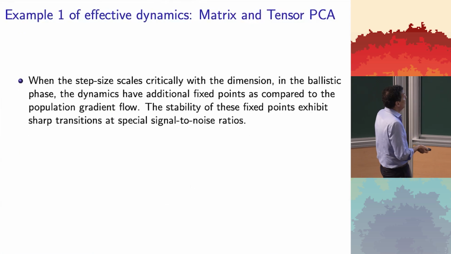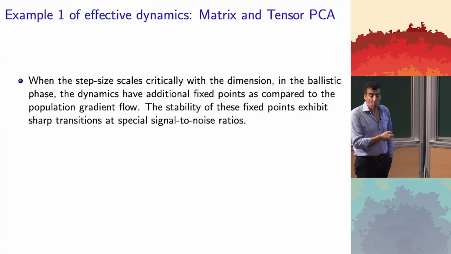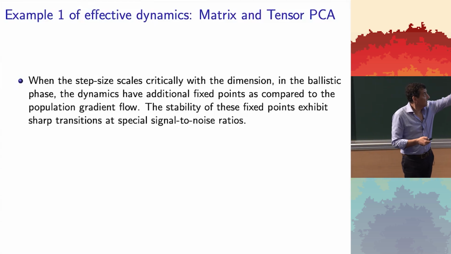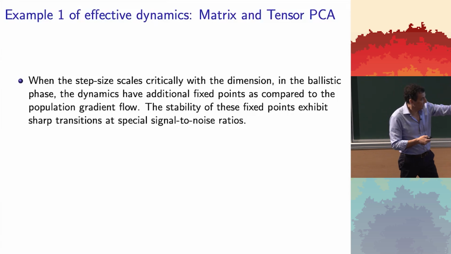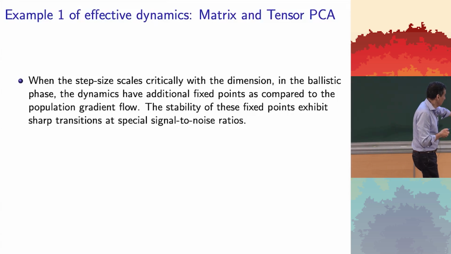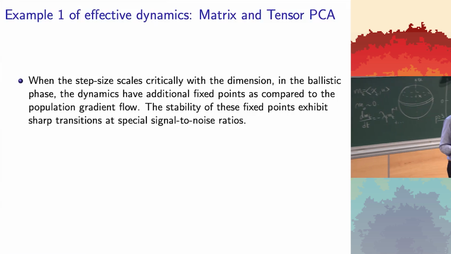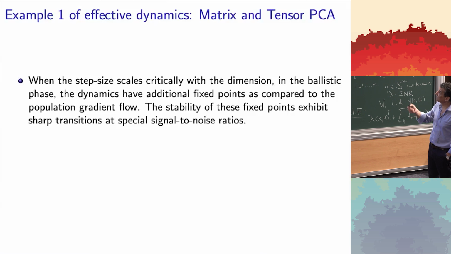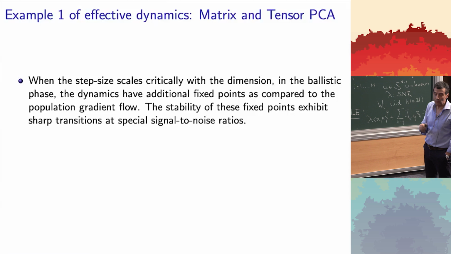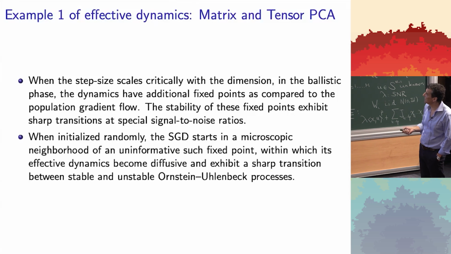Okay, so when the step size of your SGD is below critical, you have convergence to this dynamical system, which is very simple. When it is critical, then you have an additional fixed point, and all sorts of things can happen. I will not be specific here.